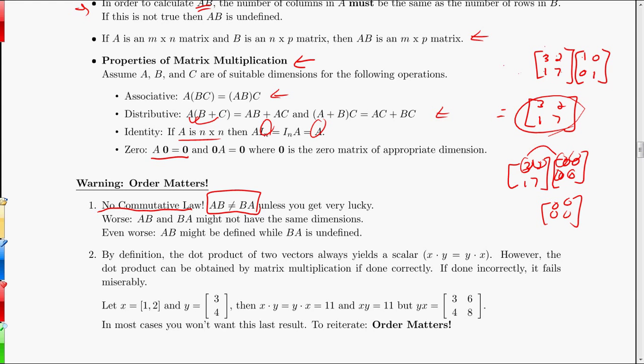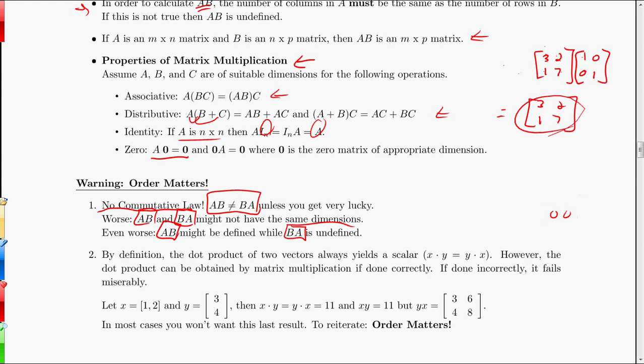And even worse, AB and BA not only are not equal, but they're not even the same dimension. And then even worse than that, AB might very well be defined while BA is not. Right? So be very careful with matrix multiplication.